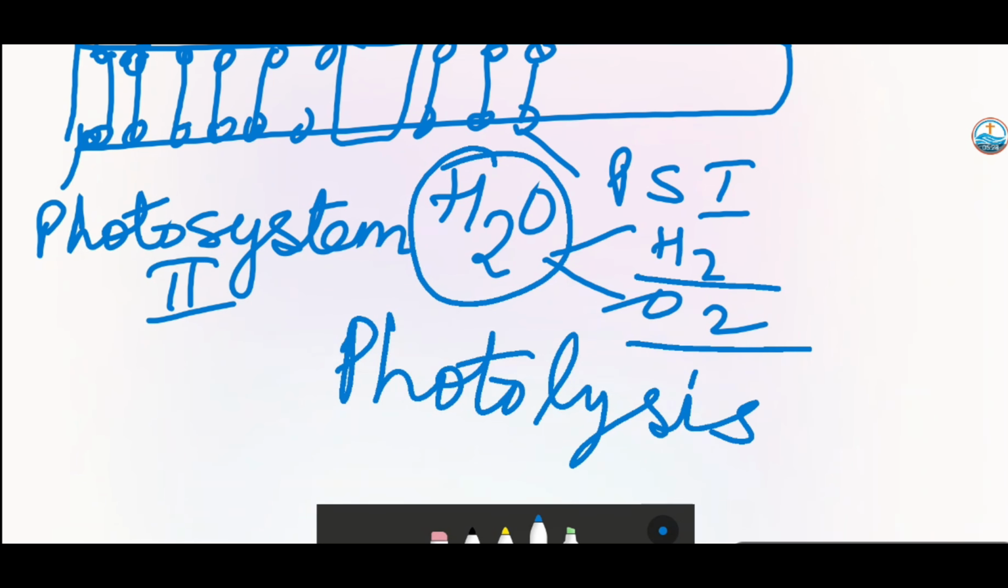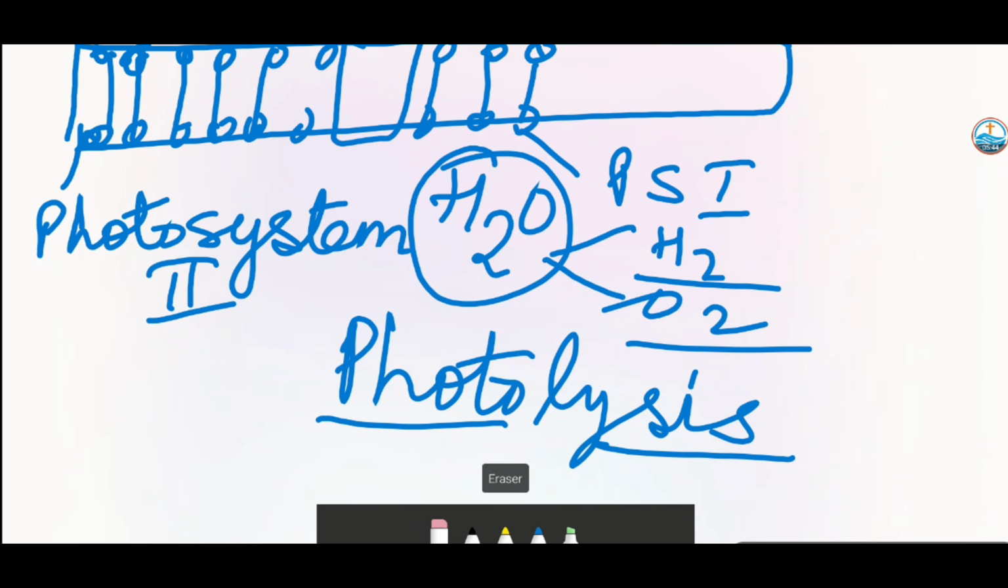Photo means light and lysis means breaking. Now that it has broken, how will these molecules be used in the further process? Let's study that.